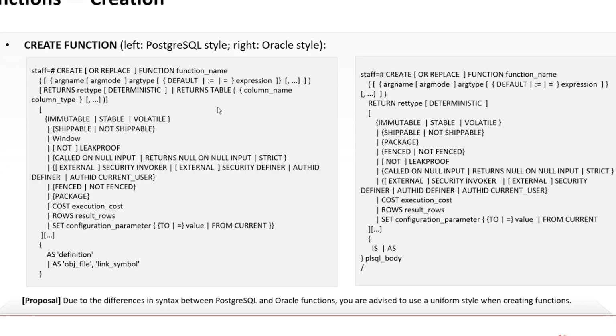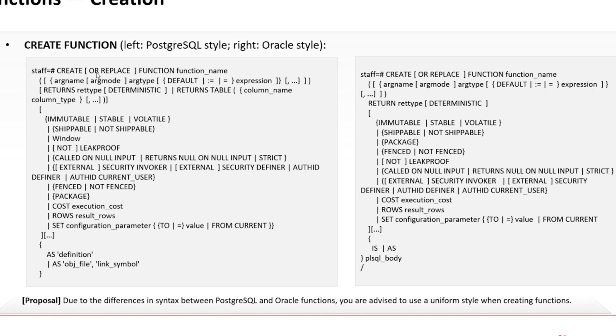The syntax for creating a function currently supports two compatibility modes, which are Postgres style and Oracle style. And now we simply introduce the Postgres style here because the Oracle style is very similar to that.